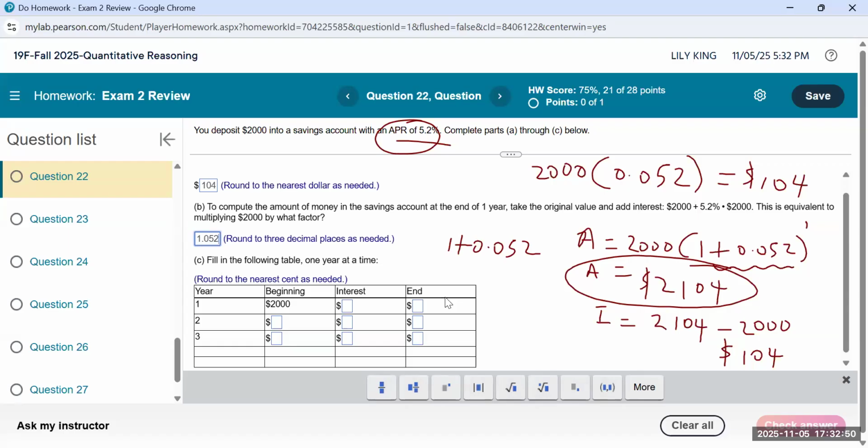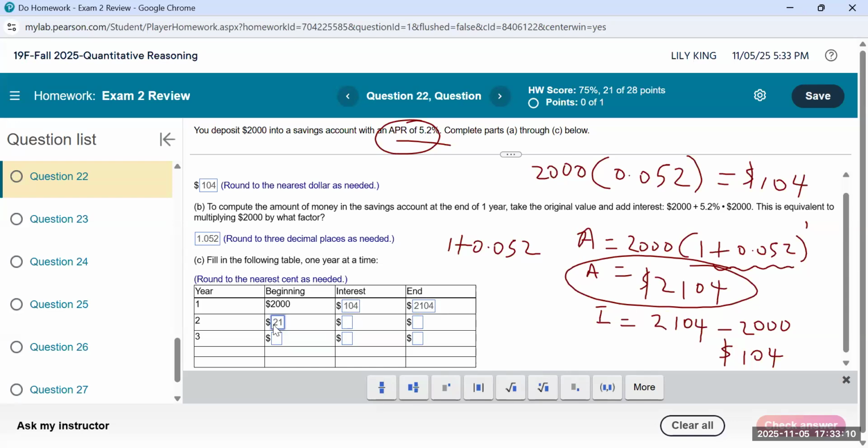Now we need to complete a table. So we've already computed the interest for the first year and the ending balance for the first year. So the ending balance is the $2,104. The interest is 104. Now what you end with becomes your new beginning balance.